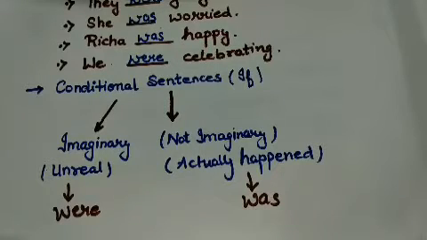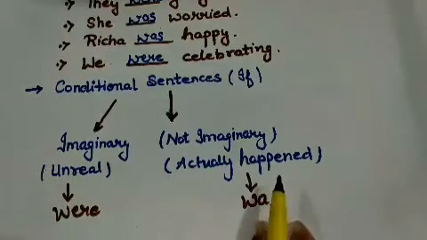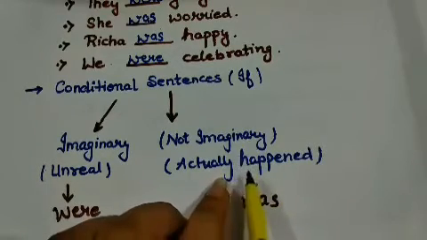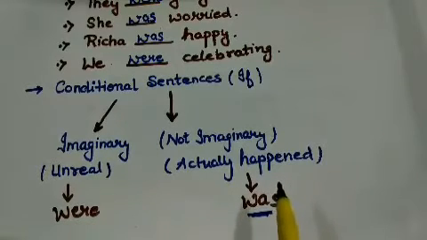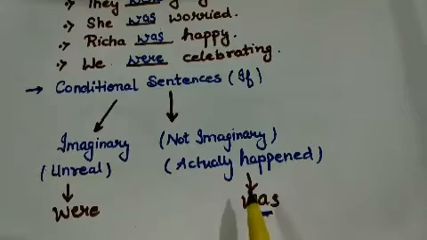And if a happening actually happened in the past, which is not an imagination, which really happened, we use was. Imagination based sentences are those which are not the part of reality, but we use was with such sentences which actually happened and have some condition in it.